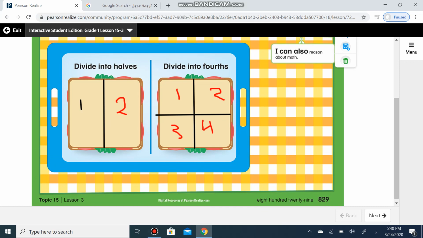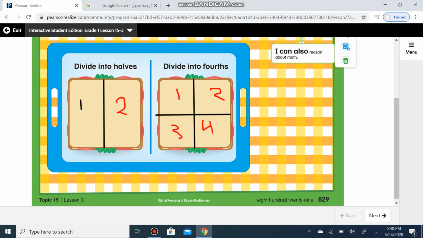Now, listen. Which sandwich has the larger share? The first one or the second one? Very good. The first one has a larger share than the second one.